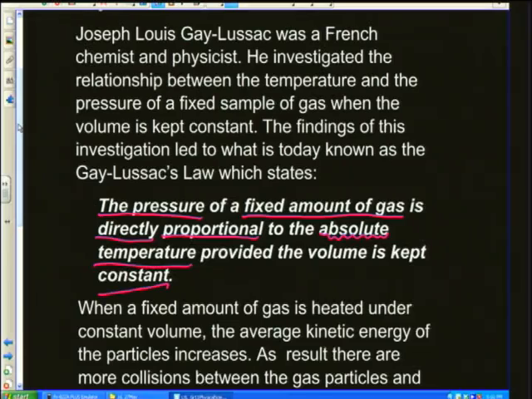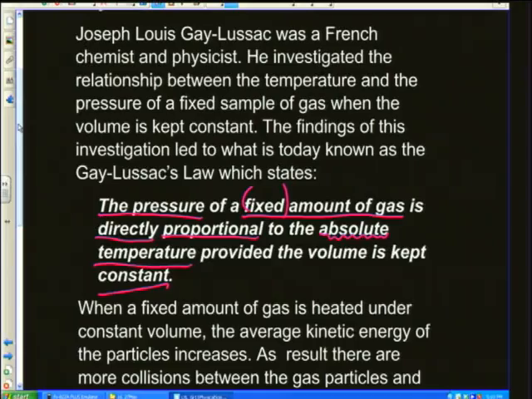So when you keep the volume constant and you keep the amount of the gas constant, the pressure of the gas will be directly proportional to the absolute temperature, which is the Kelvin temperature. Once we talk absolute temperature, please understand that we're talking about the Kelvin temperature. We're not talking about the degree Celsius scale of measuring temperature.